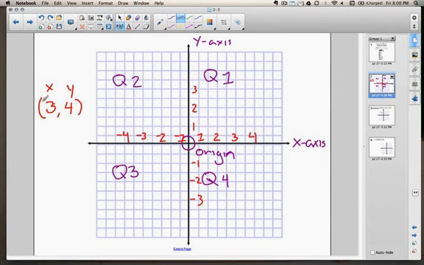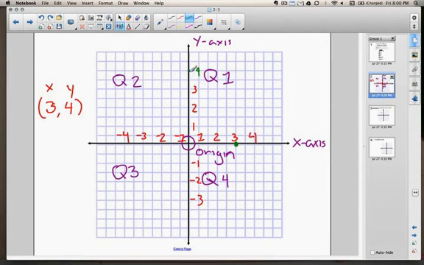So what this means is we're going to find 3 on the x-axis, and 3 is right here. Then we're going to find 4 on the y-axis, which I didn't number yet. 4 is right here.